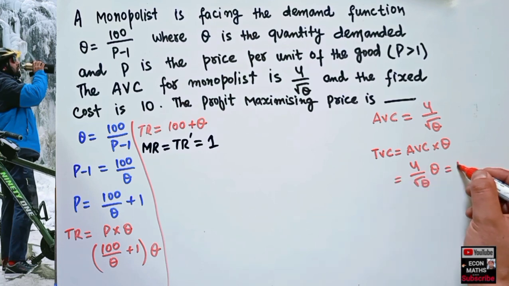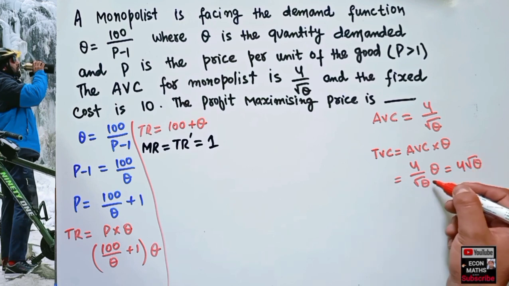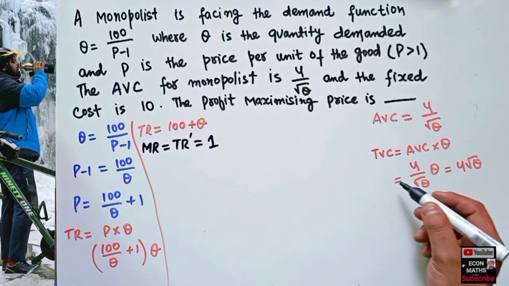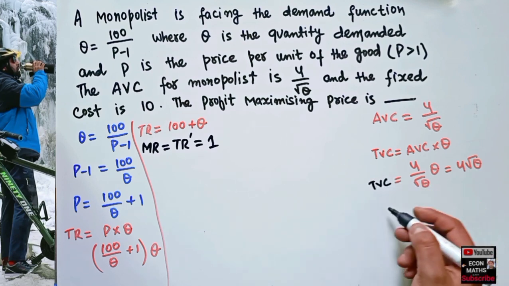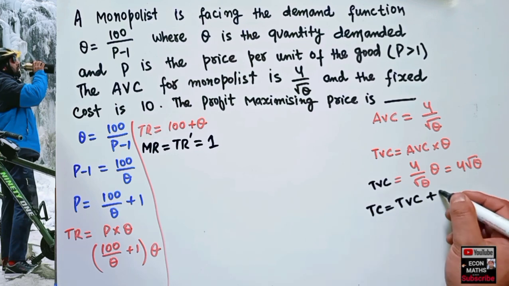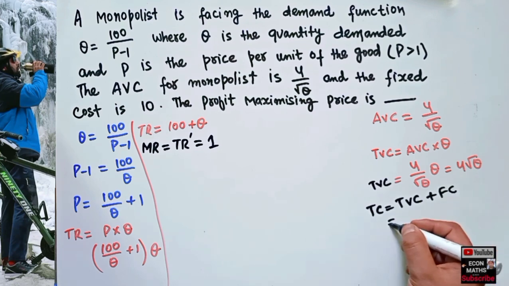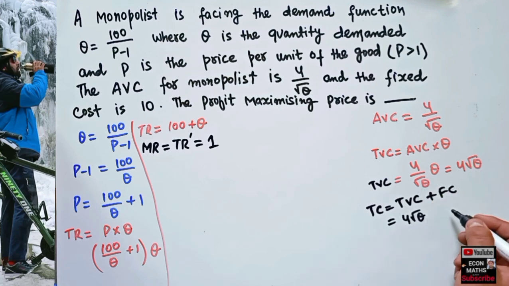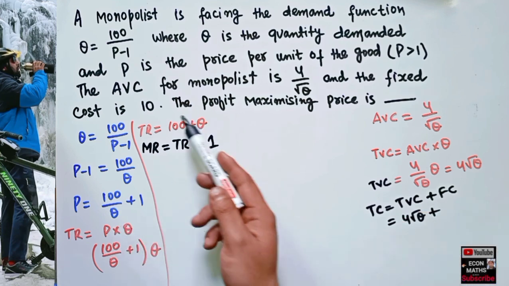It will become 4 under root q, since the q in the denominator gets multiplied with this q. So this is our total variable cost. Now total cost is simply equal to total variable cost plus total fixed cost. So total variable cost is 4 under root q plus fixed cost, which is given as 10.